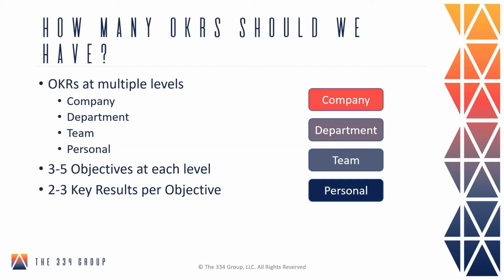For each objective, we also want to limit ourselves to 2, maybe 3 key results. In this way, we can help to limit the overhead required to track OKRs, and we can force ourselves to think really hard about the leading indicators that will tell us if we're on track, rather than trying to track every metric that we can think of that's related to the objective.